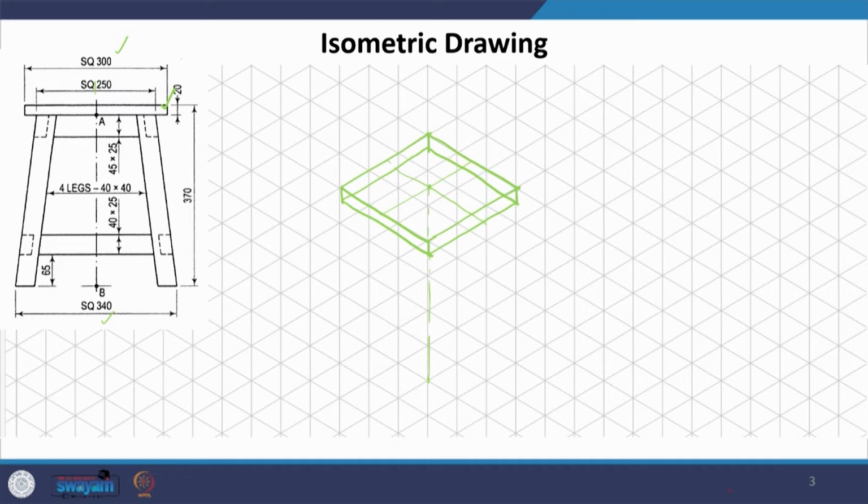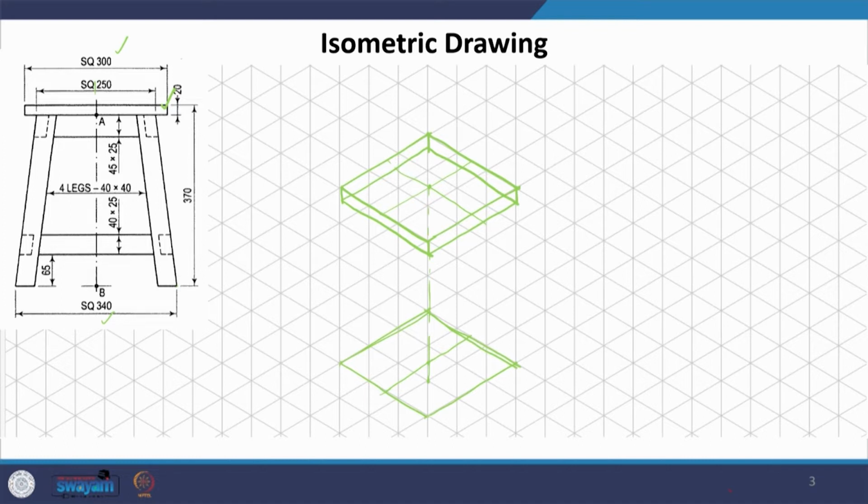So, taking it here, I would get an exact square like what we have in the top. Okay. I am just assuming that the top square and the bottom one where the legs of the stool are, it is just the same. Now, what we have here is these squares. If we look at it from the top, we have these square legs. Okay. There are 4 legs of 40 by 40.